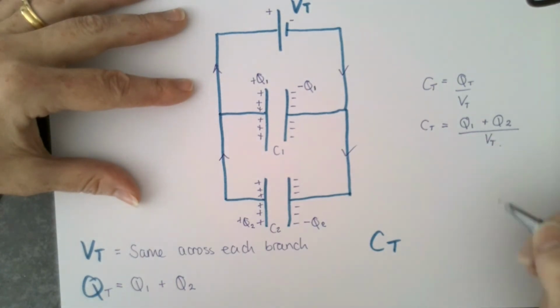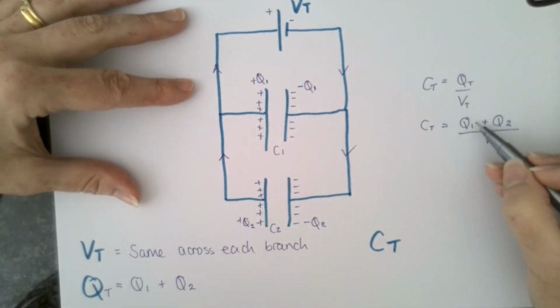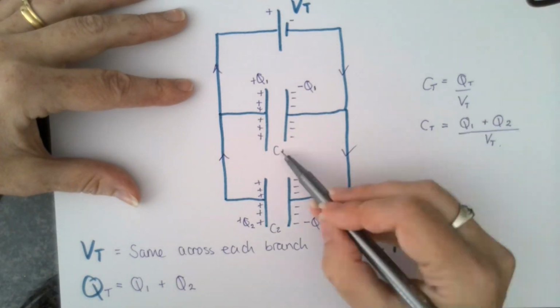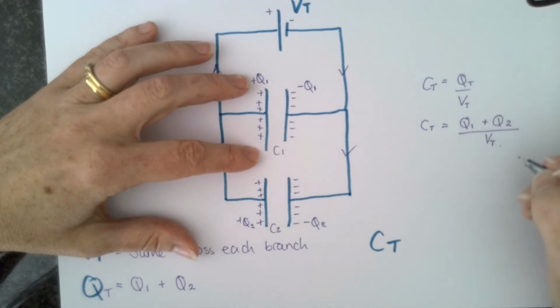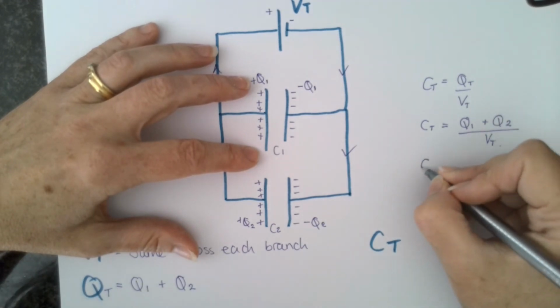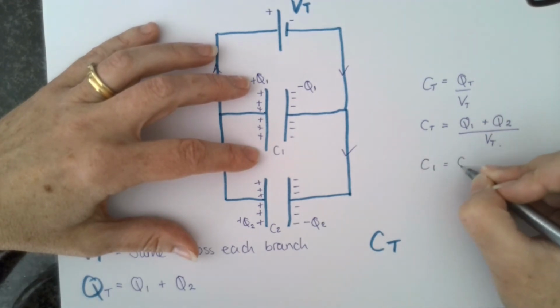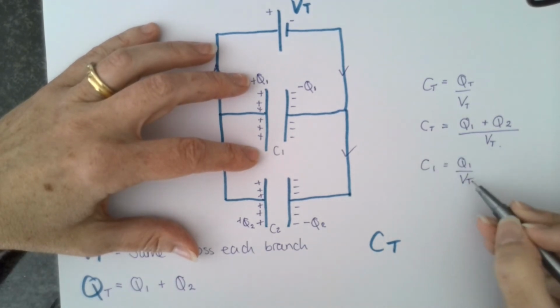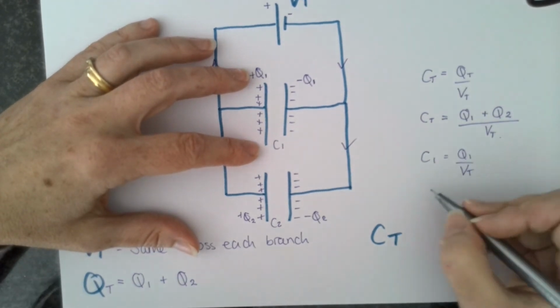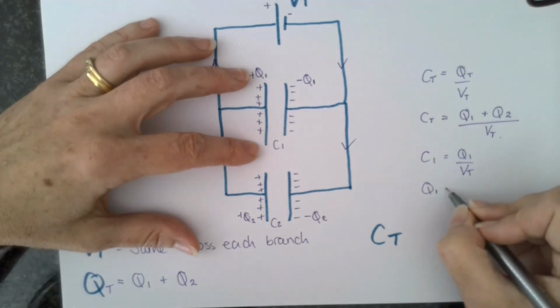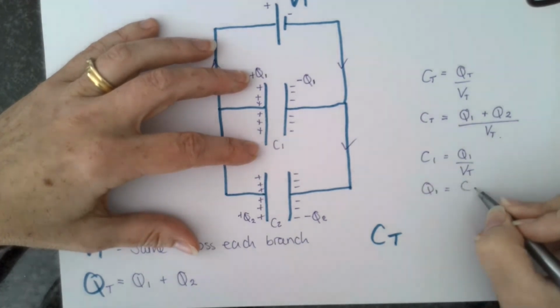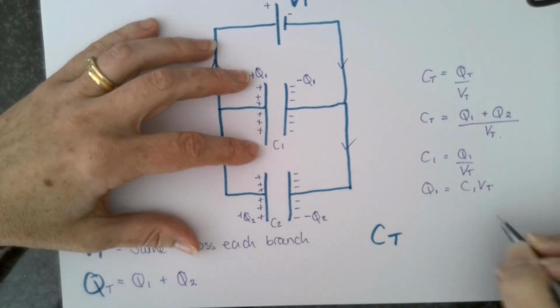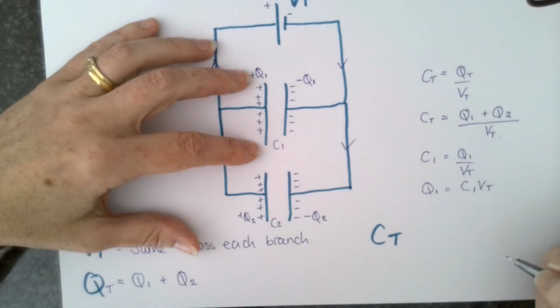And what we know is that for the charge on capacitor 1, if we look at that individually, the charge over the voltage is the equation linking them together. So if we rearrange for charge, we end up with C1 VT is equal to Q1.